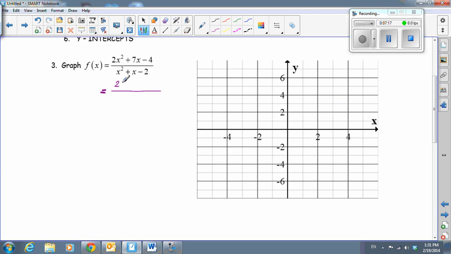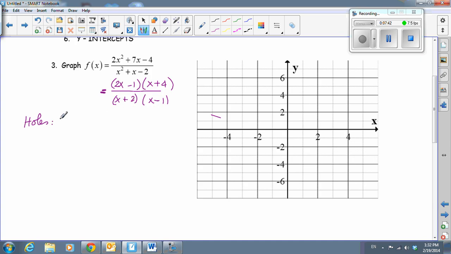you will have 2x minus 1 and x plus 4. On the bottom, you will have x plus 2 and x minus 1. The first thing you check for after you factor is the holes. The holes are determined by stuff that cancels from top and bottom.